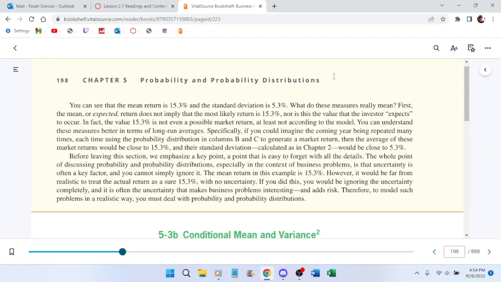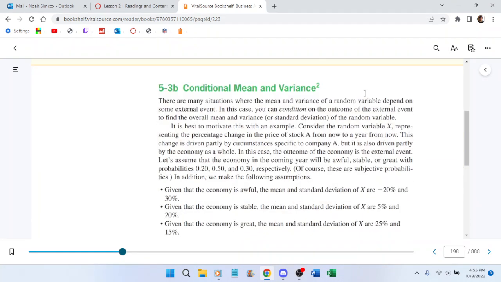Expected return, it just means that... So we only have 198, 199, I think, and then we're finally done with this reading.